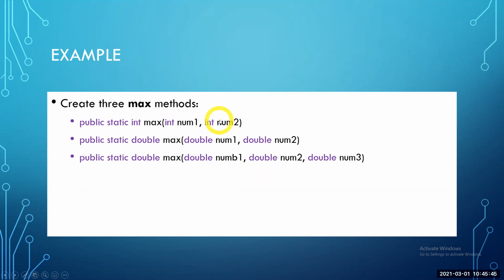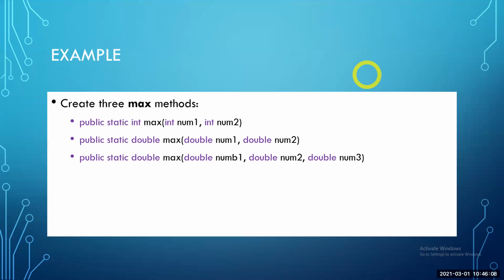This one takes in an integer and an integer. This one takes in 2 doubles. This last one takes in 3 doubles. Each one is returning the max, however the parameters change. And again, the compiler would decide which one to use based on what you pass into the methods, okay?